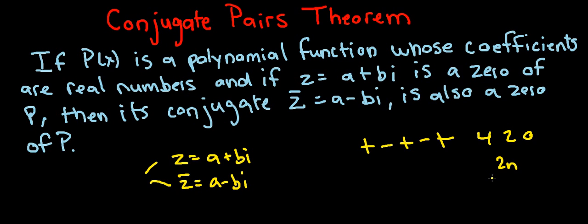So if we had gotten 5, then we could have 3 or 1. And now you know why: complex solutions come in pairs like this. So let's do a really quick example.